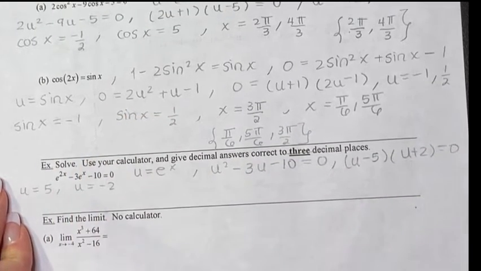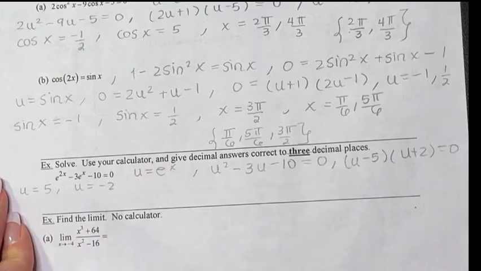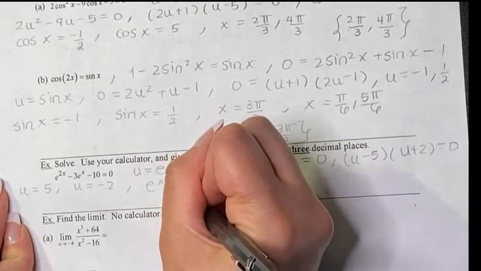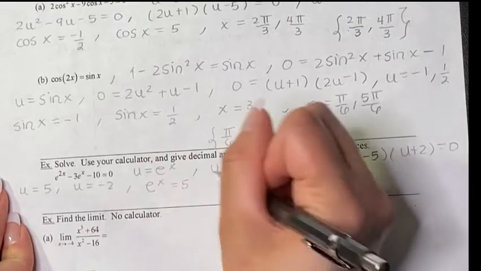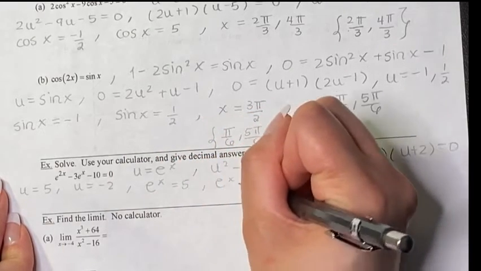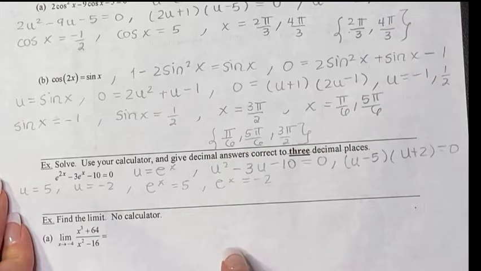After that, I need to go back to my original, which in this case is e. So I have e to the power of x equal to 5, which is very possible, and your other option is e to the power of x equal to -2. After that, you remember, oh, I can convert this into logs. That's true.